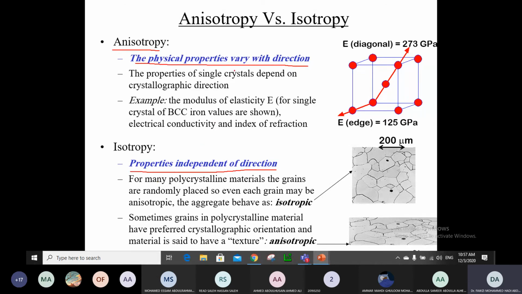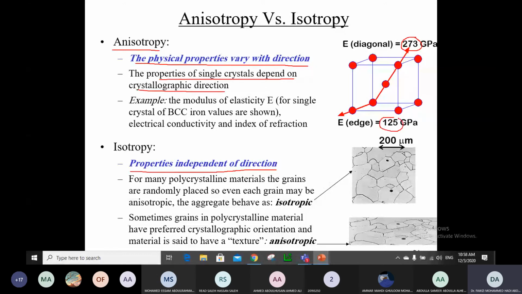So in single crystalline materials, the properties depend on the crystallographic direction. For example, if we look at a single unit cell in the BCC crystal structure, the modulus of elasticity in this direction is different than the modulus of elasticity, the stiffness of the material, in the diagonal direction. This is 273.